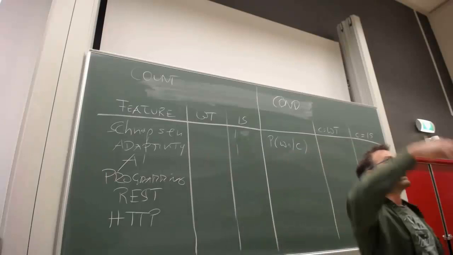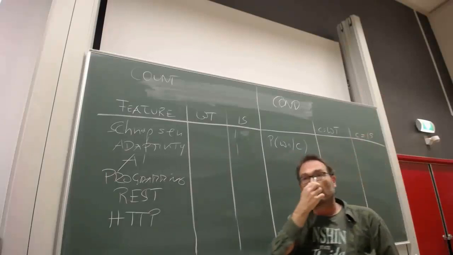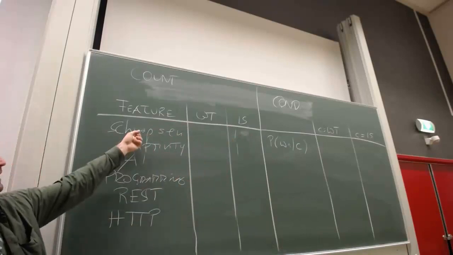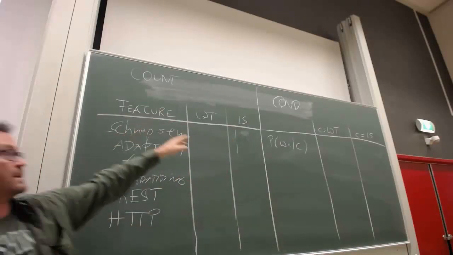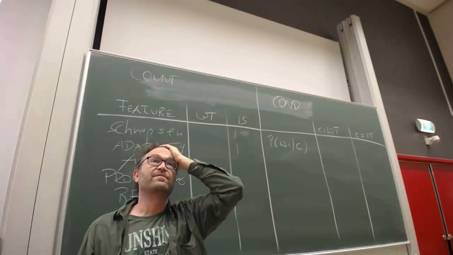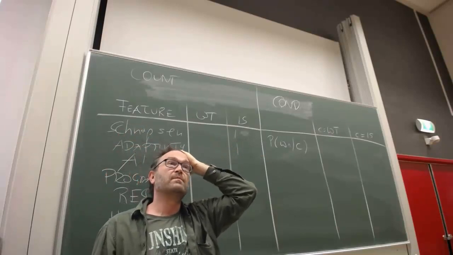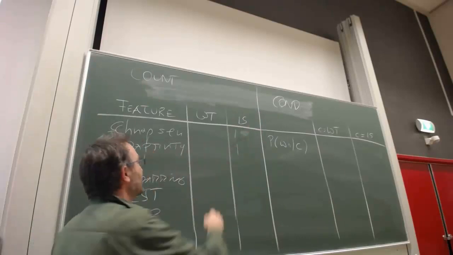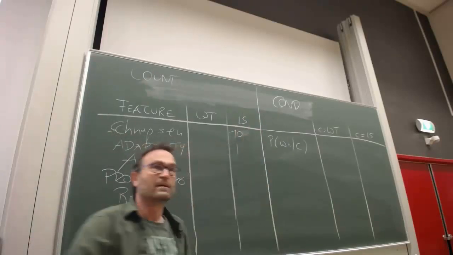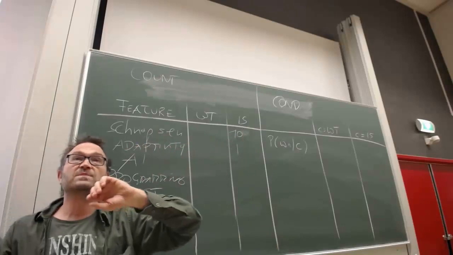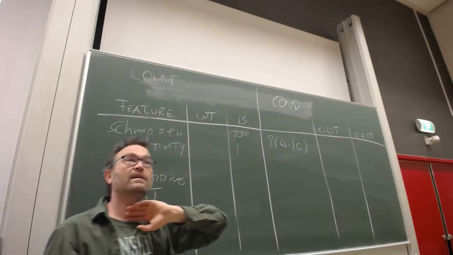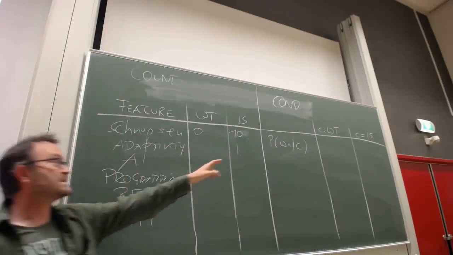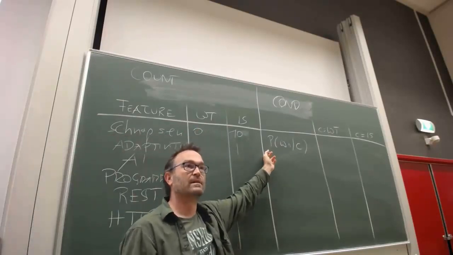So now please raise your hand if you are an intelligent systems person and you have the word Schnapsen on your piece of paper. How many of the web technology people have Schnapsen? Also, adaptivity. How many of the intelligent systems people have adaptivity?